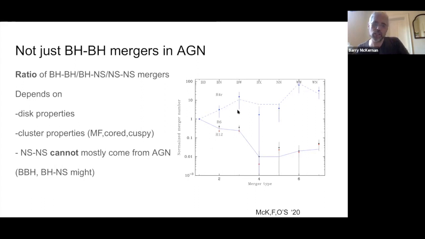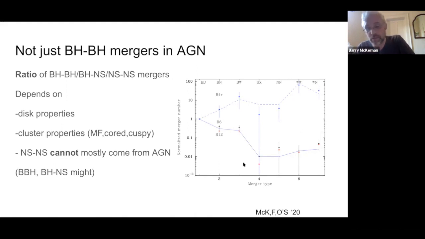So the ratio of black hole neutron star mergers to black hole mergers can depend on whether you have a mass function that goes to low mass continuously, so you get a lot more low mass objects. But if you get a bunch of mass segregation in your galactic nucleus and you deplete the low mass objects, then you're going to get more black hole mergers in your AGN than black hole neutron stars.